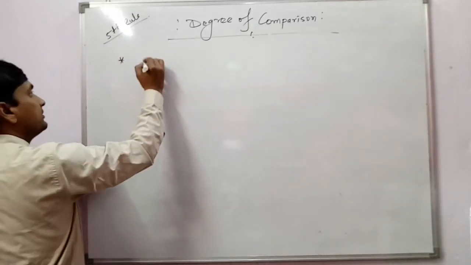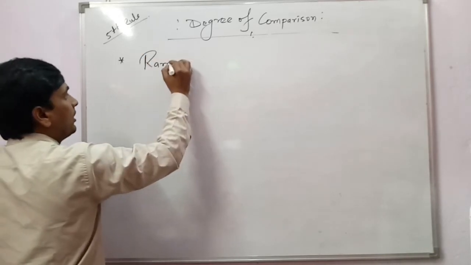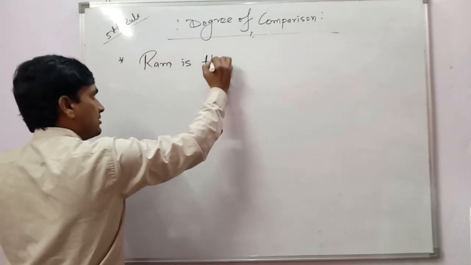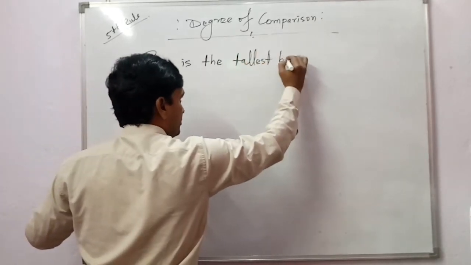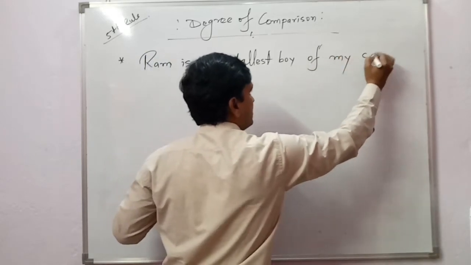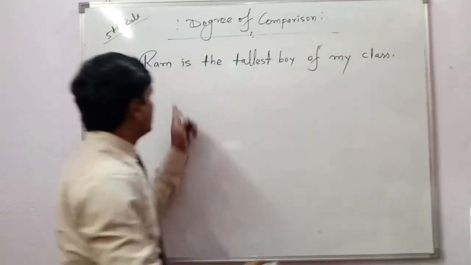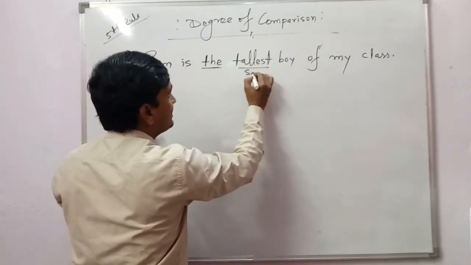The first one is: Ram is the tallest boy of my class. So this is the simple superlative degree, D plus SD.